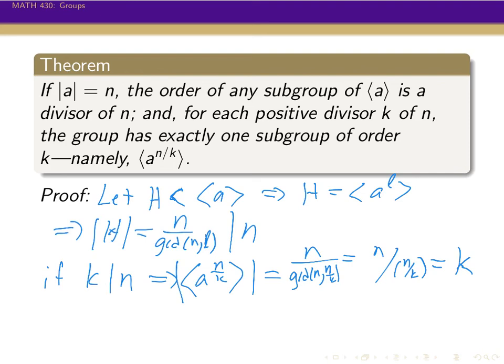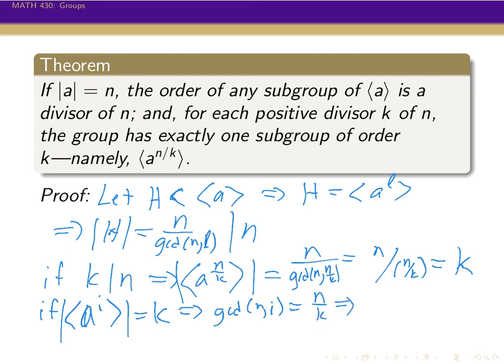On the other hand, if you have any other subgroup that has order k, so if the order of a to the I is equal to k, well, then this means that the GCD of n and I is equal to n over k, which, using the corollaries that we have, means that the subgroup generated by a to the I is the same thing as the subgroup generated by a to the n over k.